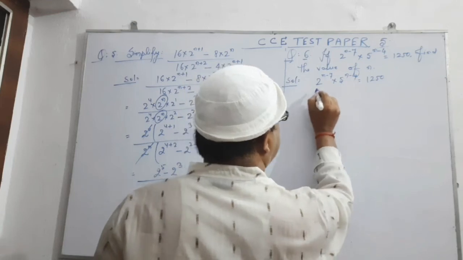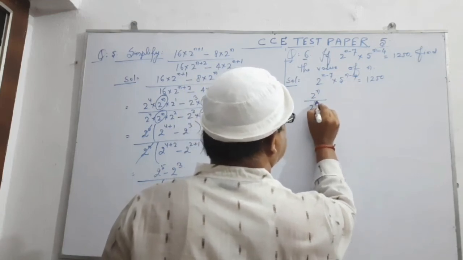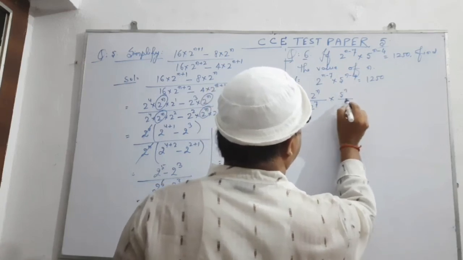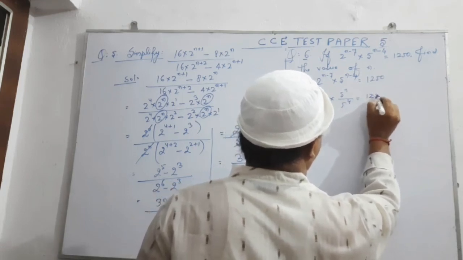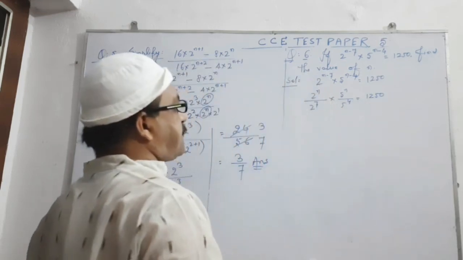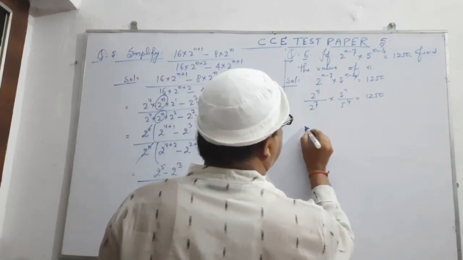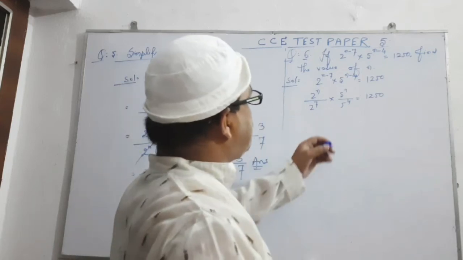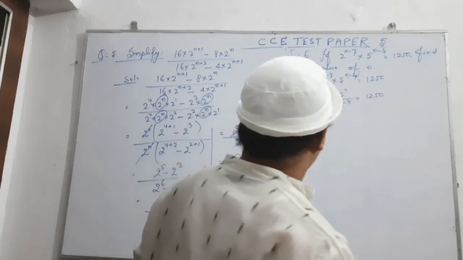As we write down, 2 to the power n by 2 to the power 7 into 5 to the power n by 5 to the power 4 is equal to 1250. Here we can write down, for such questions it will cancel.